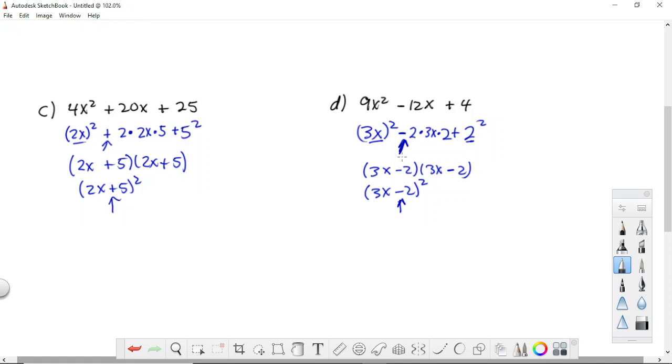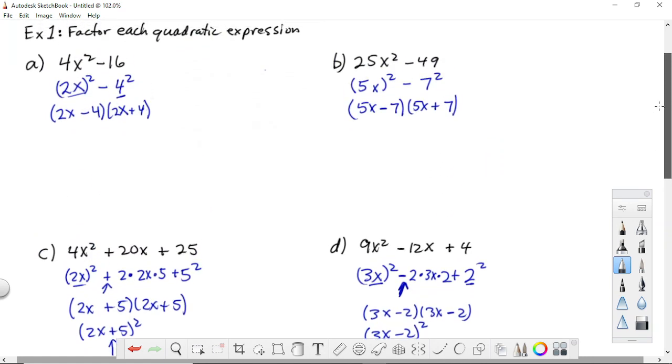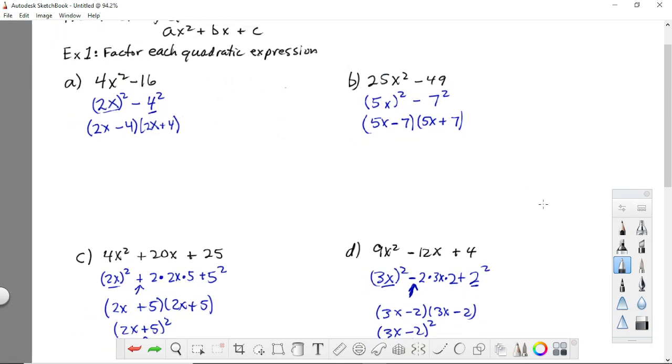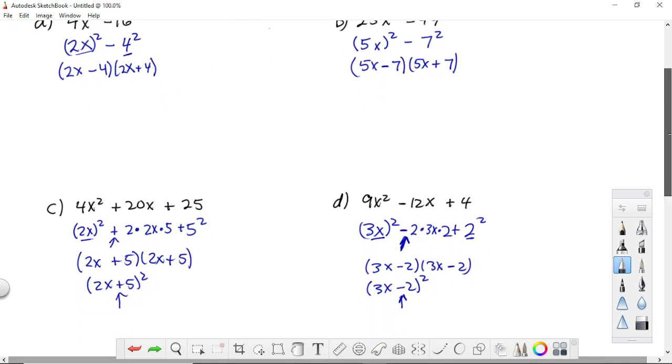So that's the perfect squares, the two patterns that we have. One, when it's a difference of squares with no middle term, and then you get something like this, where you have the first binomial subtracts that number and the second one adds it. And then you also have the pattern where you do have a middle term, but the middle term has to be exactly right.